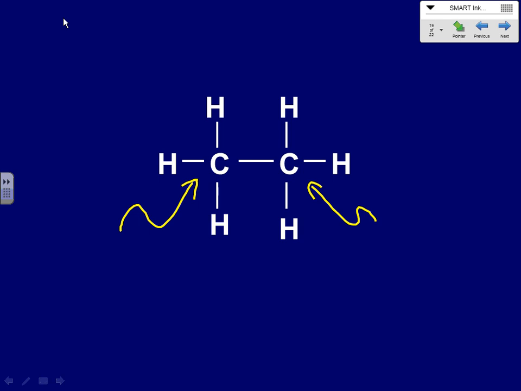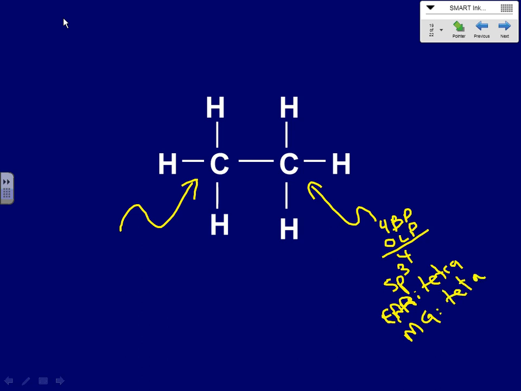So then we can start to look at geometry of individual atoms. 4 bond pairs, 0 lone pairs, 4 sp3 EPA, tetrahedral, molecular geometry tetrahedral, and guess what? It's going to be the same for the other one.